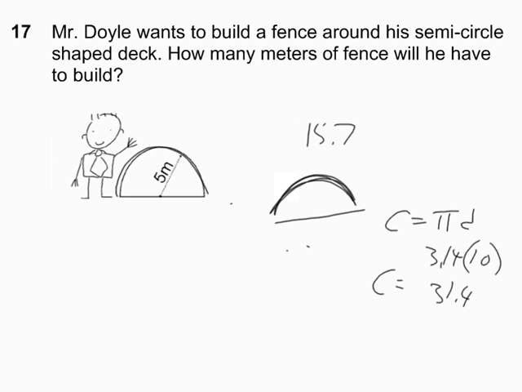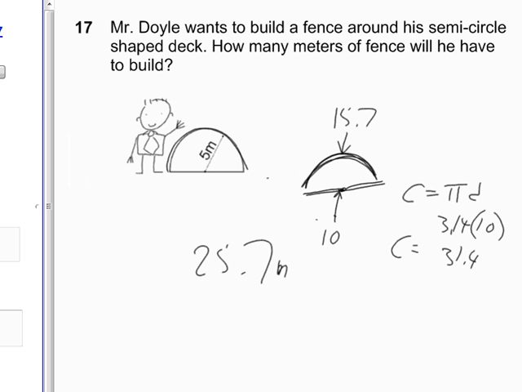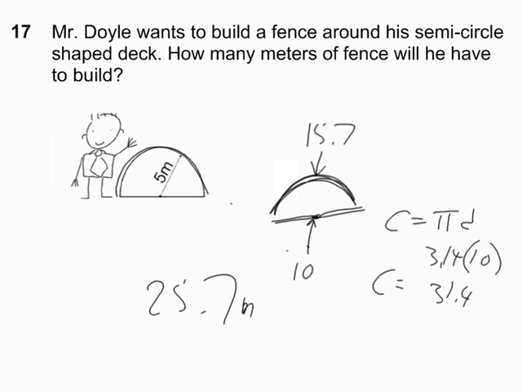So it's 15.7 for this part. And this part here is really the diameter of my circle. And since this was 5 and this was 5, this part here is 10, which means the full perimeter of that semicircle is 25.7 meters, I think. Yes. Okay, next question.